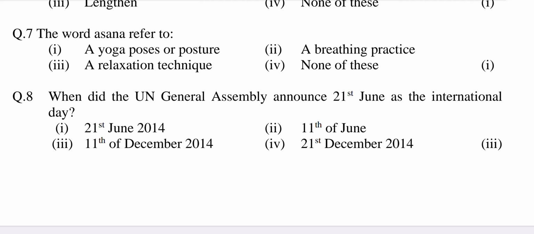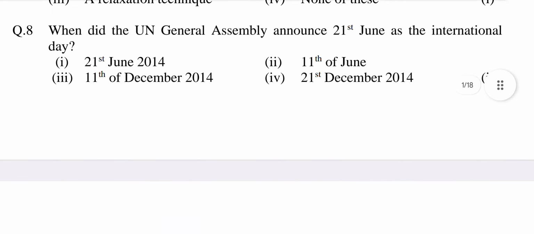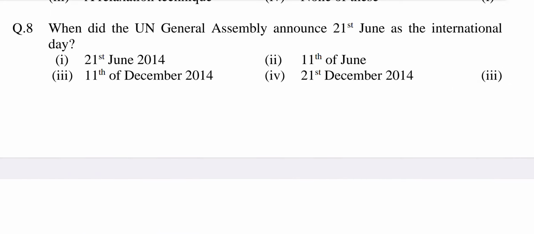When did the UN General Assembly announce 21st June as the International Day of Yoga? Option first, 21st June 2014; second, 11th of June; third, 11th of December 2014; fourth, 21st December 2014. Answer is option third, 11th of December 2014.